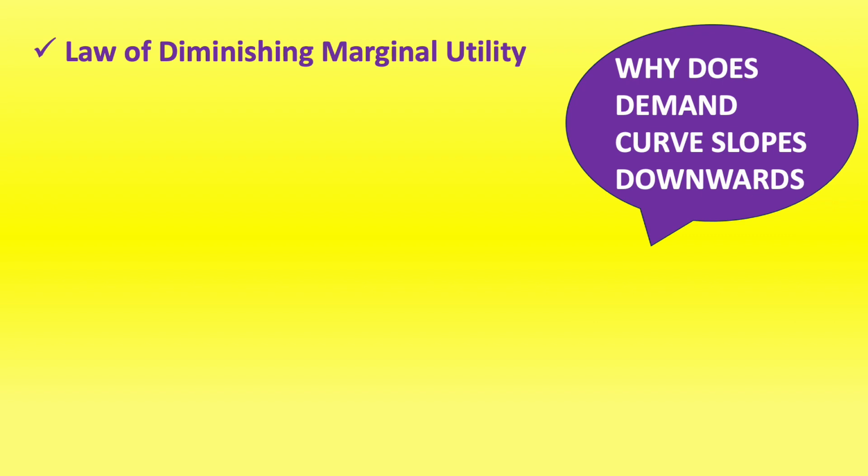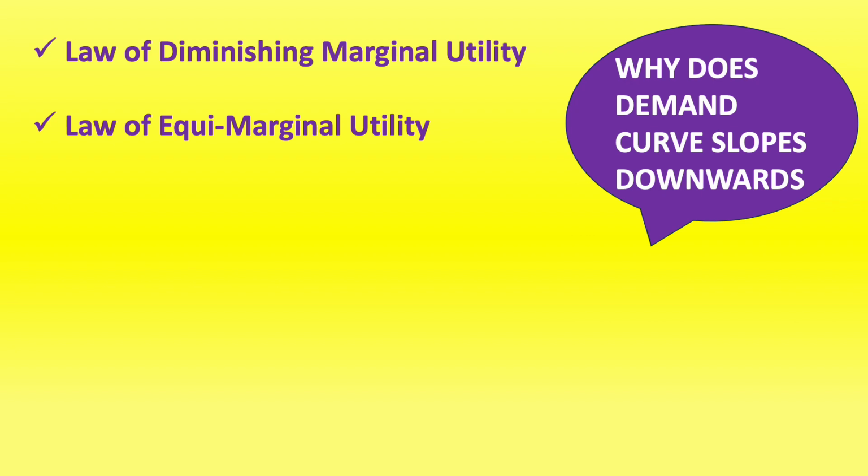Here, diminishing is decreasing, marginal is additional, and utility is satisfaction. So when a person consumes more and more of a commodity, his utility keeps on diminishing. This supports the concept that the demand curve slopes downwards.